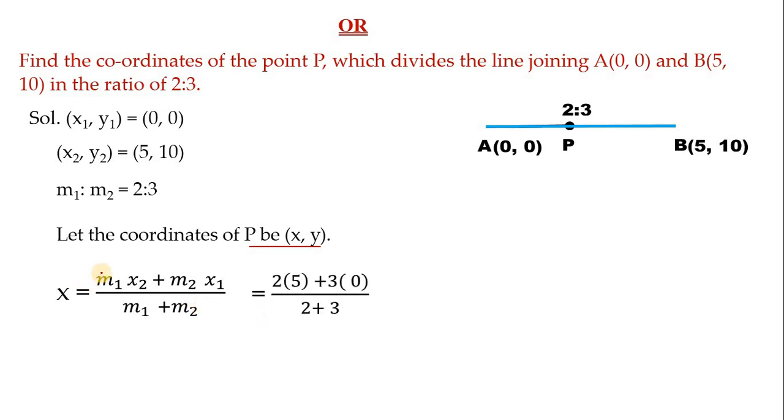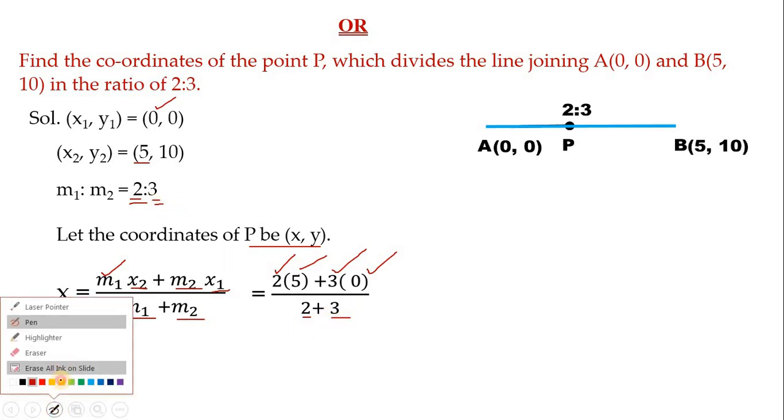Substitute the values. m1 is 2, substitute 2. x2 is 5, substitute 5. m2 is 3, substitute 3. x1 is 0, substitute 0. m1 is 2, substitute 2. m2 is 3, substitute 3.